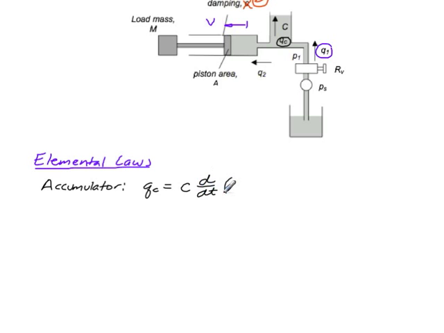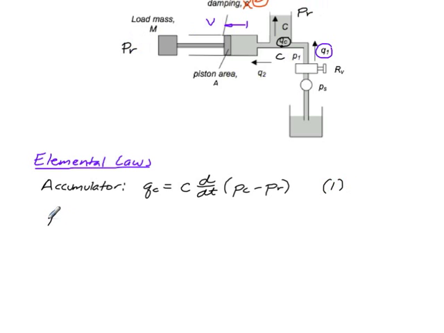So what I'm going to do is define a point C here at the bottom. So that's going to be PC minus the atmospheric pressure, the reference pressure, which I'll call PR. And PR is the same way over here. So this is going to be my equation 1.